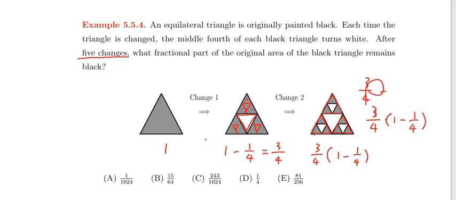For each one, this is just 1/4, then multiply 1 minus 1/4, just cut 1/4. So this equals, actually, 3/4 squared, right?